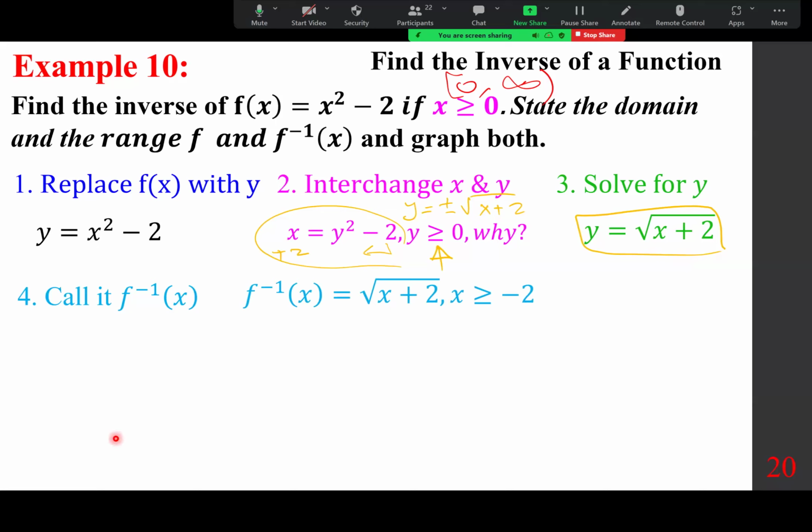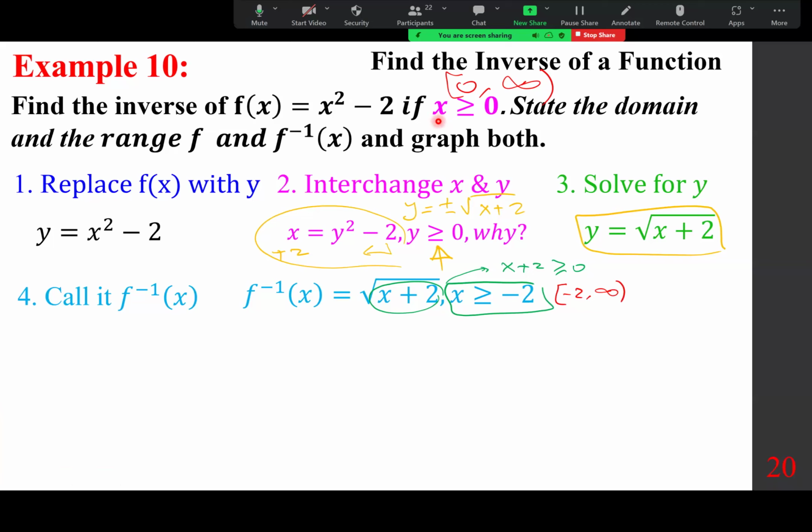Because you are dealing with the square root. x plus 2 must be greater than or equal to 0, which gives you this one. So I want to make sure we understand that.